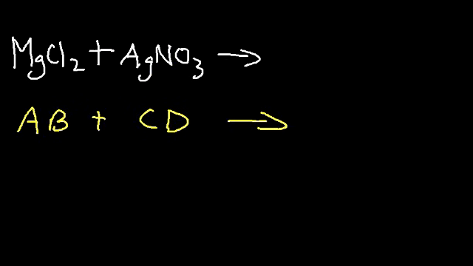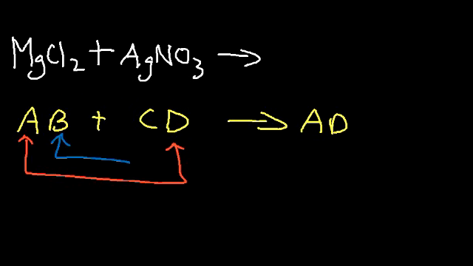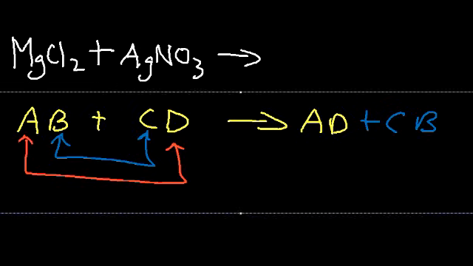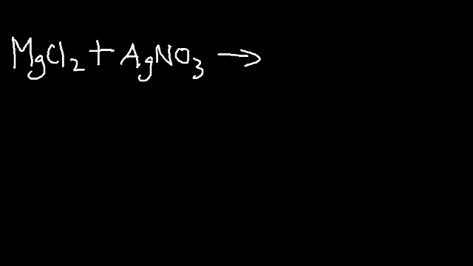So in this reaction, A is going to pair up with D to form AD, and B and C are going to pair up to form BC. So let's apply this information to the problem that we're trying to solve.